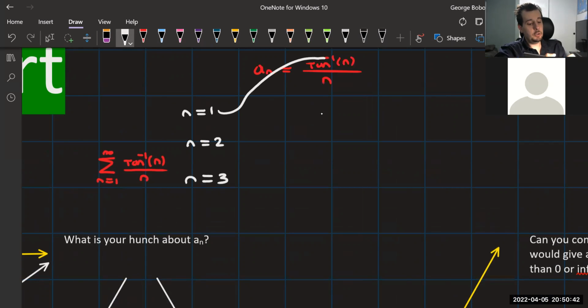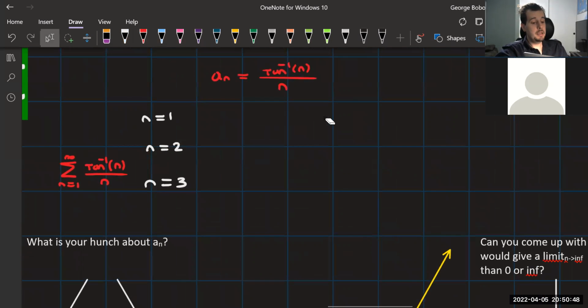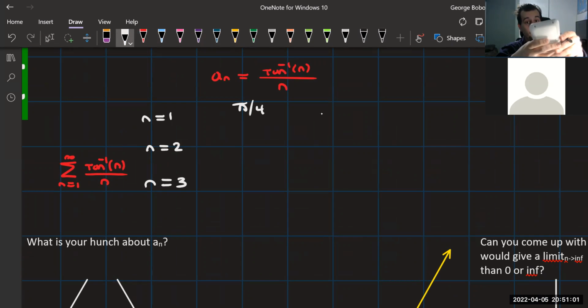If you try these in your calculator, make sure you're in radians. Okay, so n equals 1. Top is going to be pi over 4. Bottom is going to be 1. So you get pi over 4. I want it to be an exact number because we're going to compare it to another series. Pi over 4 is 0.785.